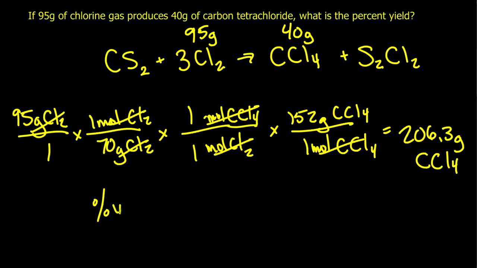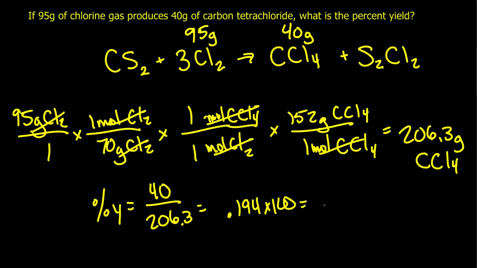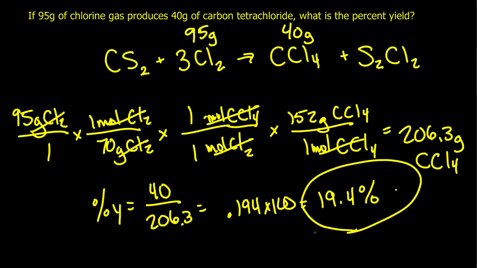So percent yield is equal to the actual, which is 40, over 206.3. So 40 divided by 206.3 gives me 0.194 times 100 is 19.4%. And there is our answer.